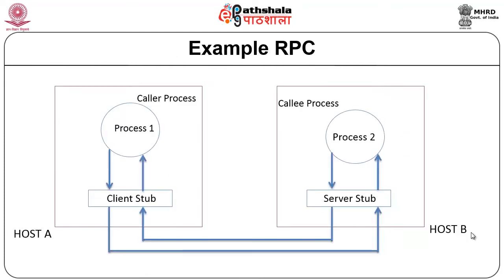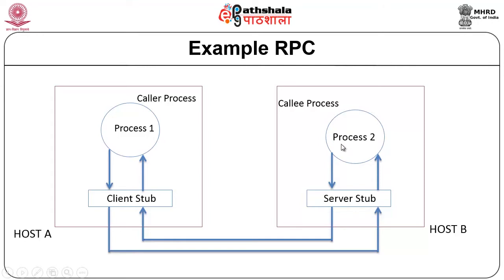So, this is the overall mechanism of RPC, where process 1 is the caller process. There is one additional process that runs in each of the machines, called the stub. In the caller process, the client stub runs, and the process contacts only the stub, which in turn contacts the server stub, which contacts the callee process.